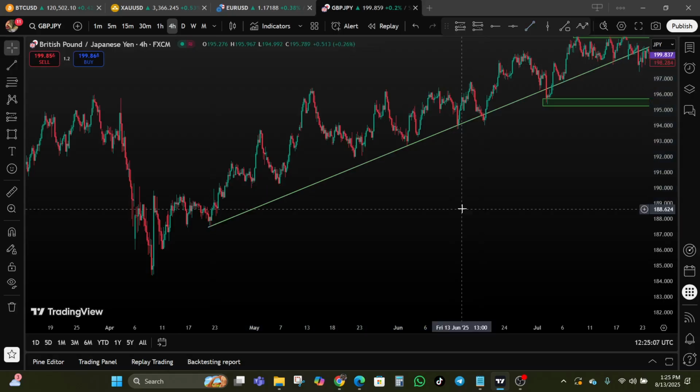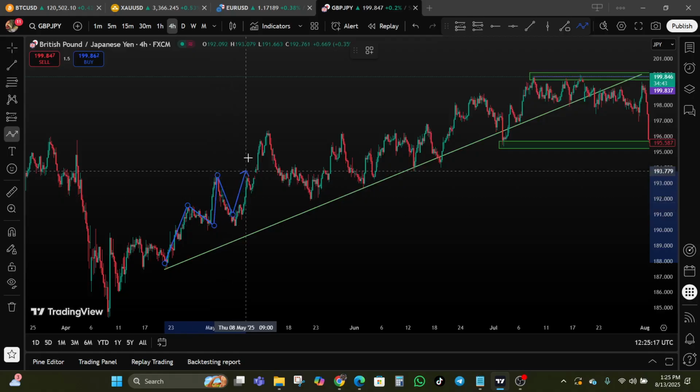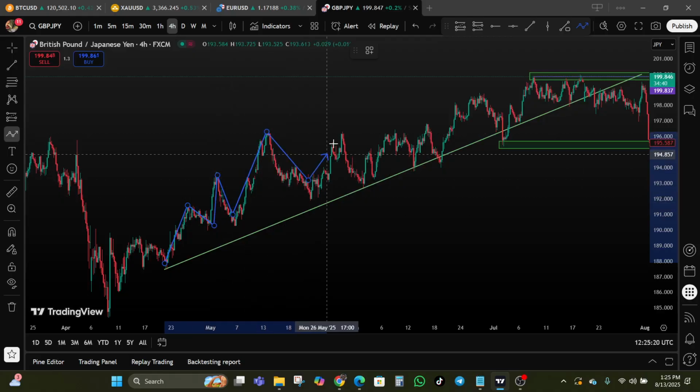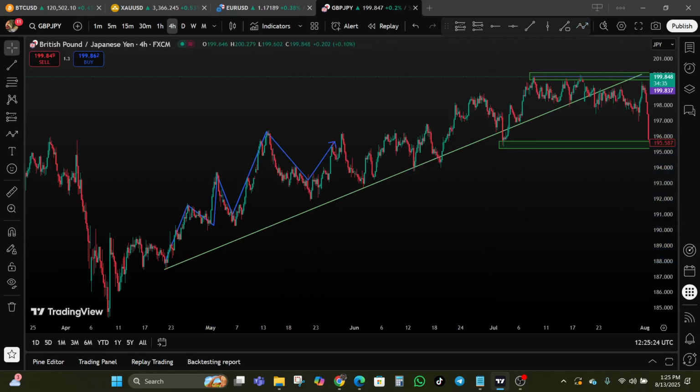So you can see this is a low, this is a high, there's a higher low, there's a higher high, and so on and so forth. The formation of higher highs and higher lows, you have an uptrend. The formation of lower highs and lower lows, you have a downtrend.